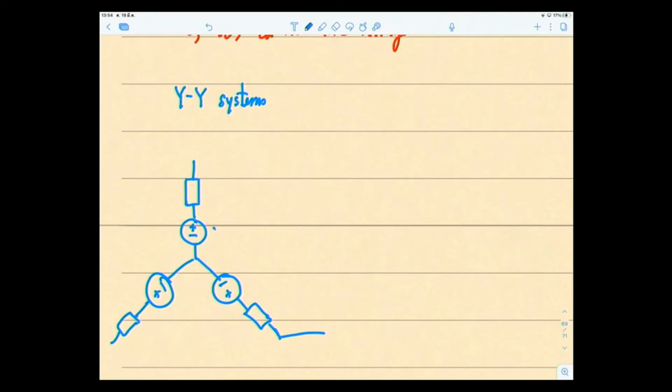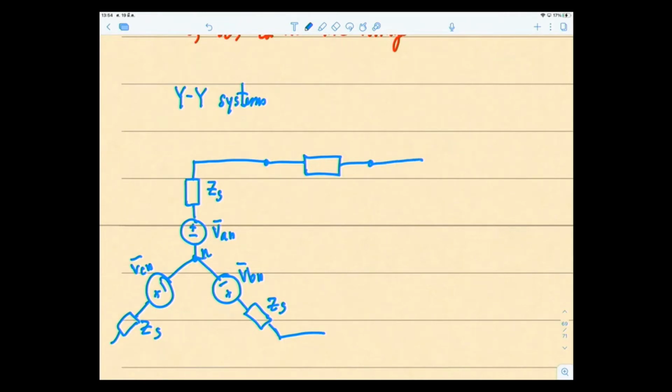This is N, this is VAN, VBN and VCN, and this is called ZS. There is also impedance for the line, even for the neutral line.